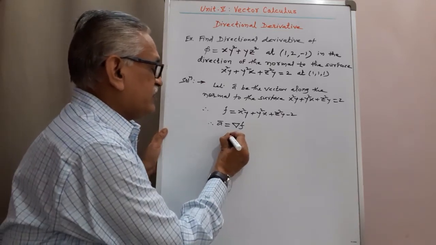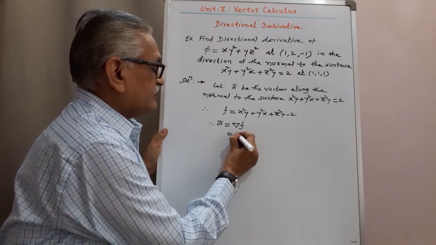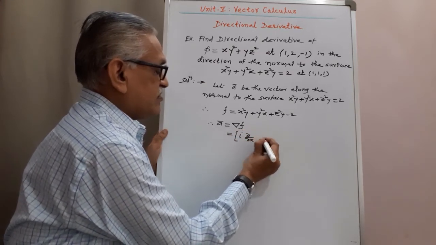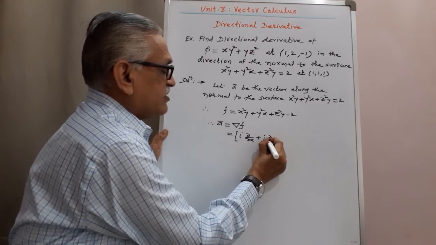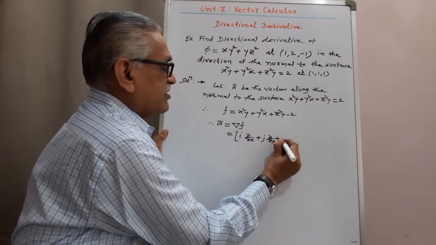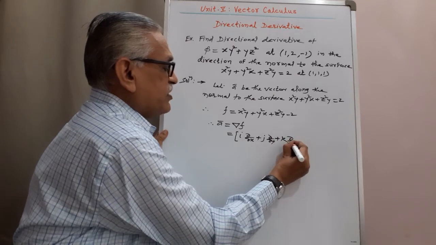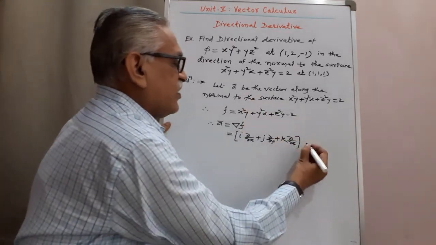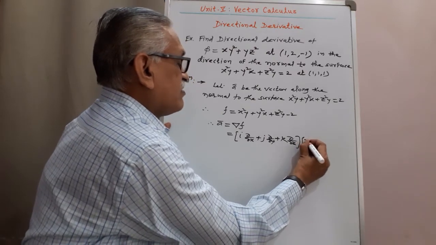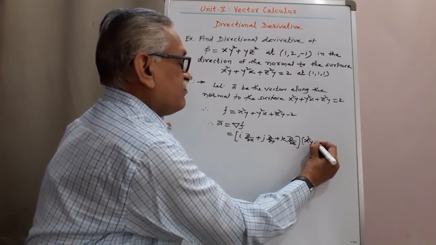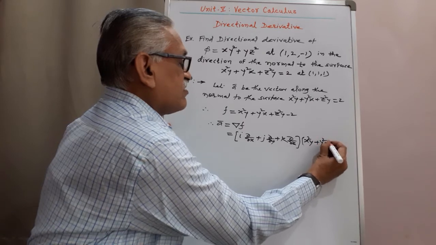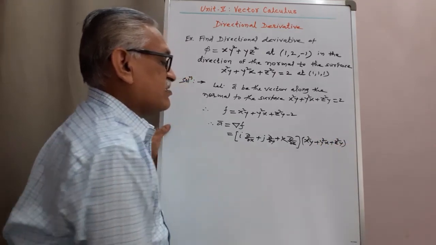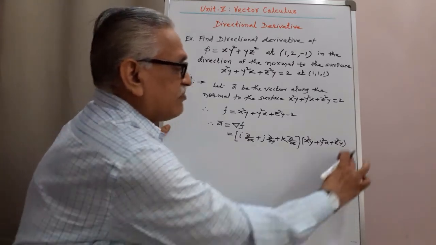Again the del operator is i dou by dou x, j dou by dou y, and k dou by dou z, which we operate on f, which is x square y plus y square x plus z square y minus 2.